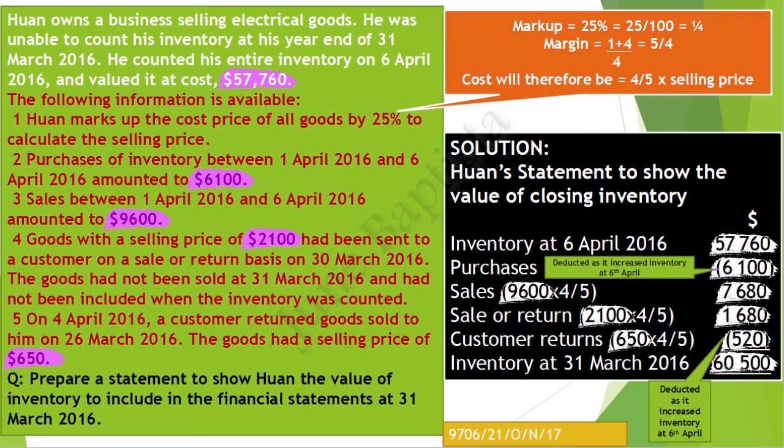Remember, as per the prudence principle and IAS 2, inventory is to be valued at cost, and therefore, in this case, inventory that will be included in the financial statements of Juan's at 31st March 2016 will be $60,500.